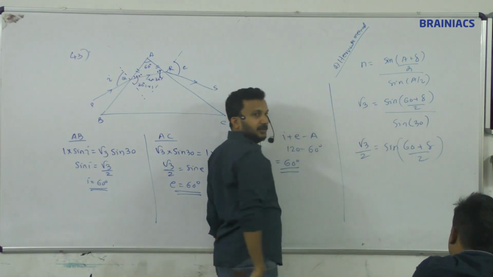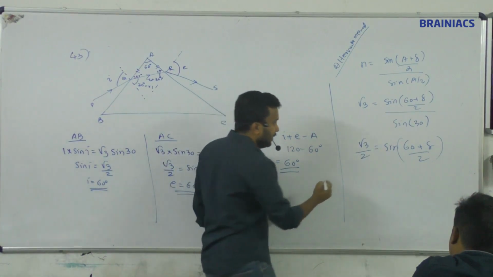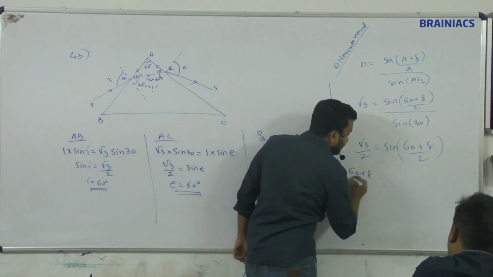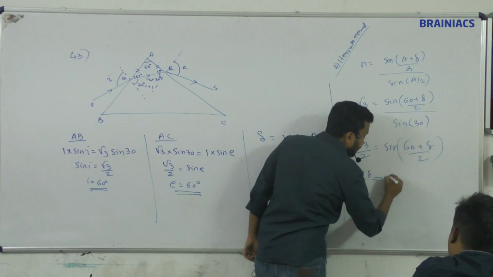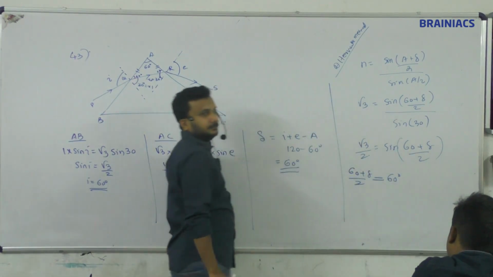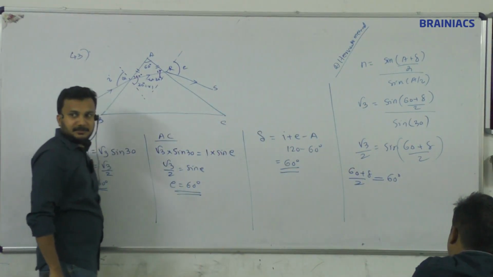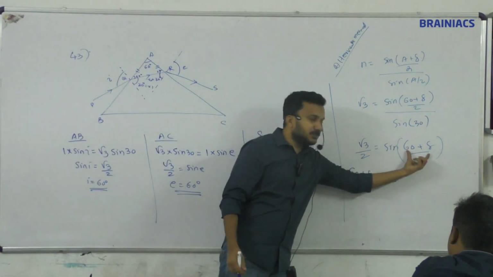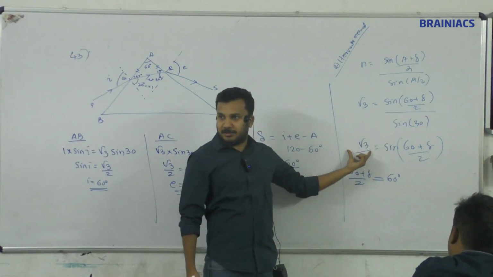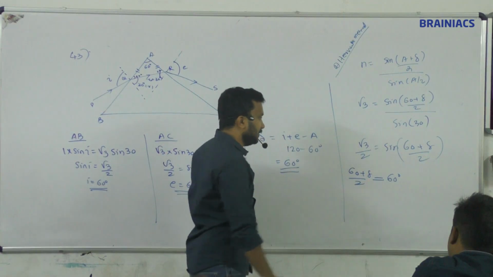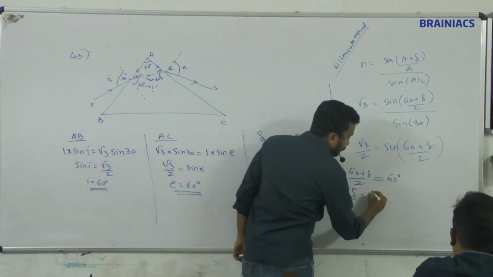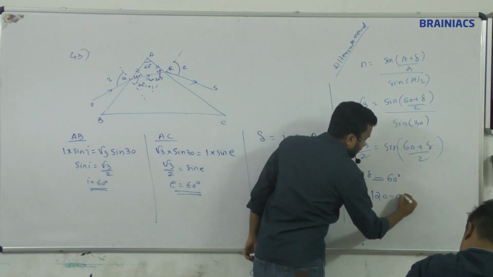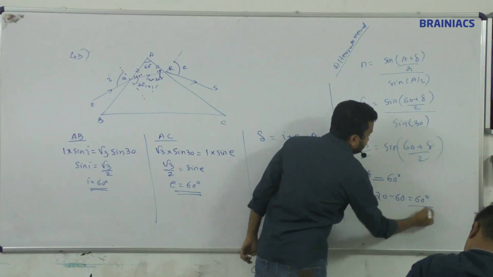Then only you will get √3 by 2. Which means in this case (60 plus delta) divided by 2 must be equal to 60 degree. So here delta equals 120 minus 60, the answer is 60 degree.